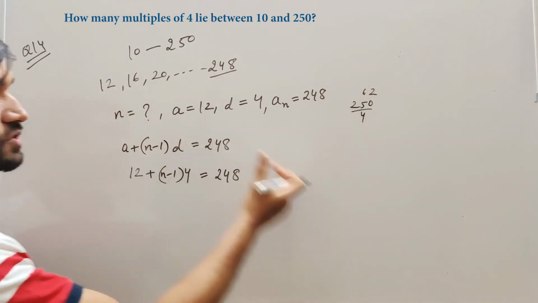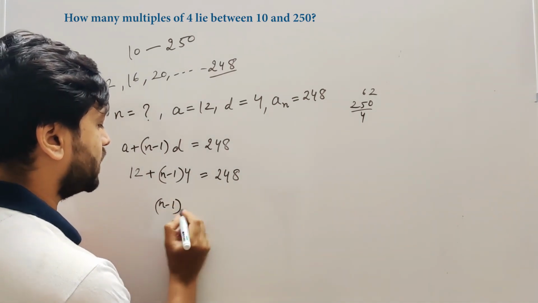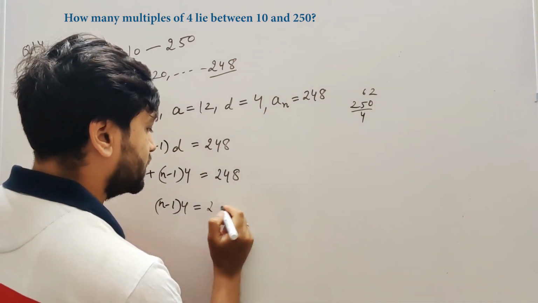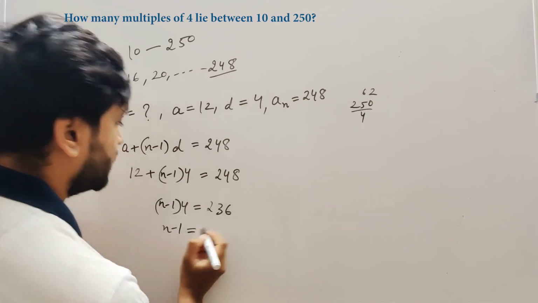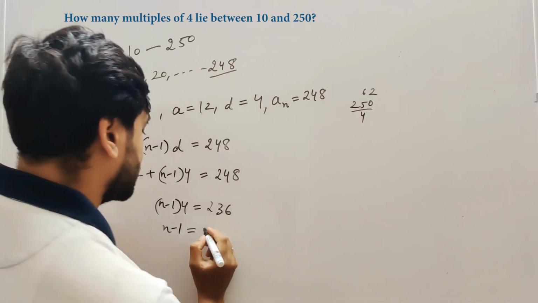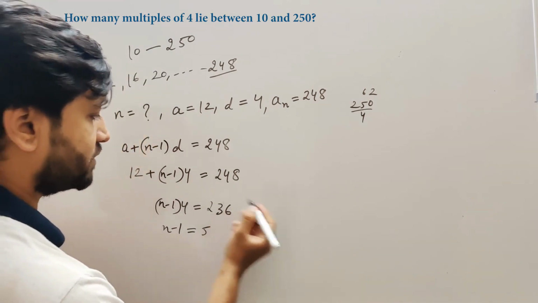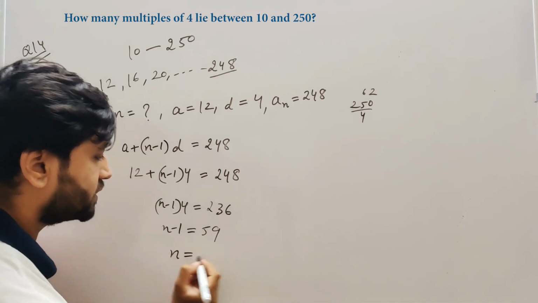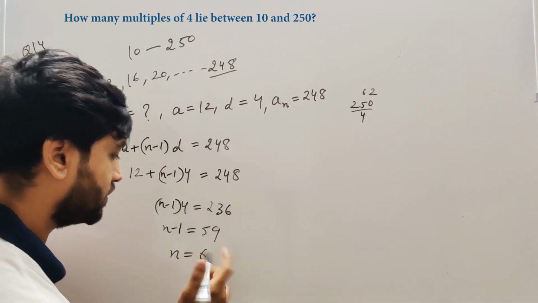Plus 12 goes to the other side, becomes minus 12. So what do we get? n minus 1 into 4 is 248 minus 12, which is 236. So n minus 1 will be 236 by 4, which when you divide, 4 5's are 20, 36 means 4 9's are 36, so 59. So n is 59 plus 1, which is 60.